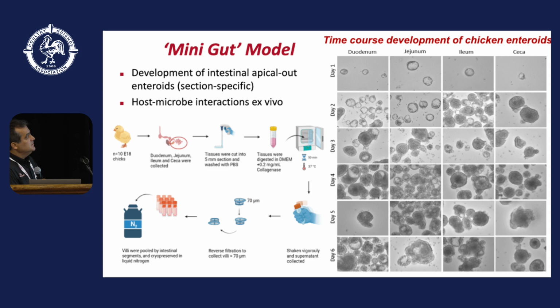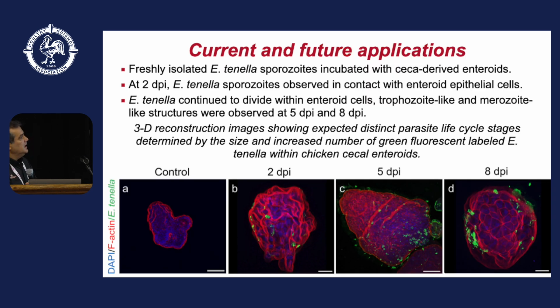And she proved that they can actually develop in vitro, just floating. And to apply that, she did infect them with tenella sporozoites. I don't have the fancy 3D videos that she provided on Monday. But you see the development and the invasion and different developmental stages of the parasite in that.